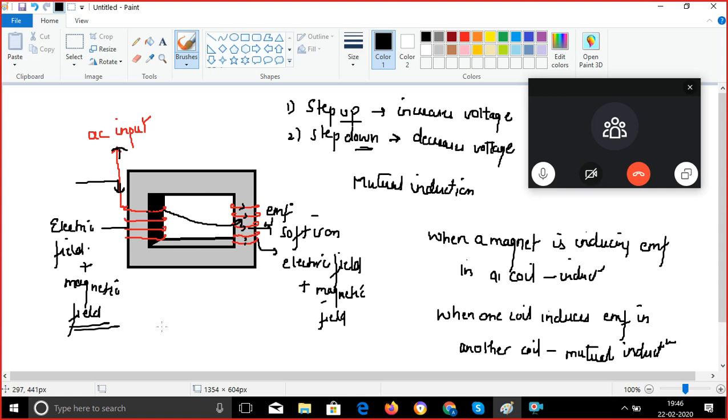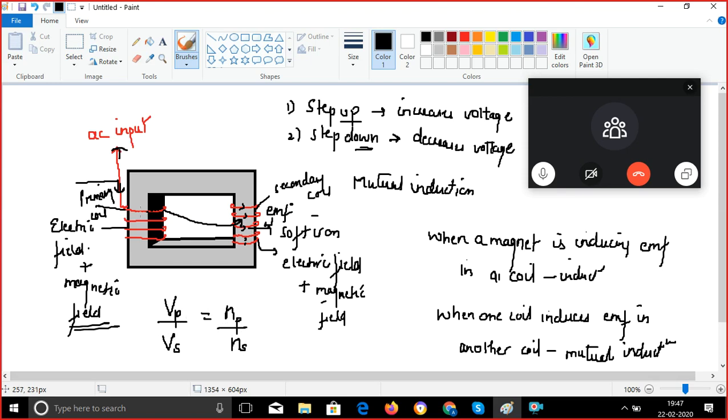voltage. There is a relation, and according to this relation, it is voltage in primary coil. This coil is known as the primary coil, and this coil is known as the secondary coil. So voltage in primary coil divided by voltage in secondary coil is equal to number of turns in primary coil divided by number of turns in secondary coil.